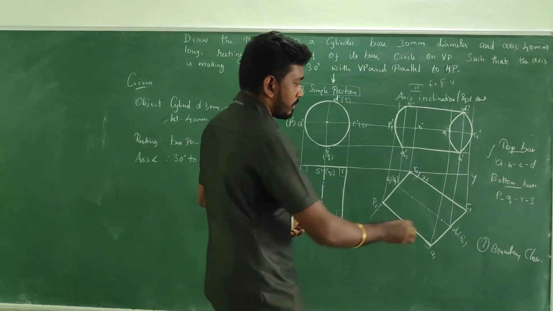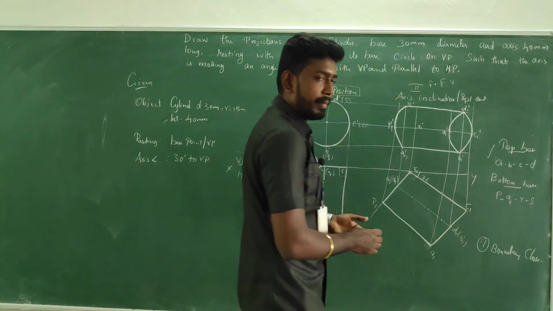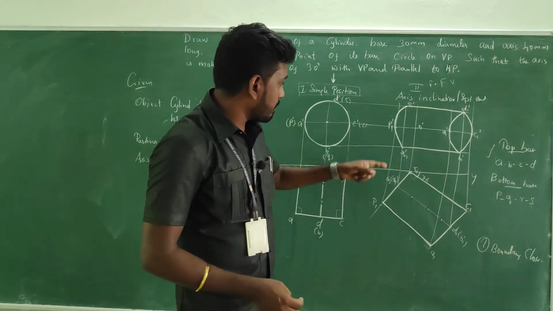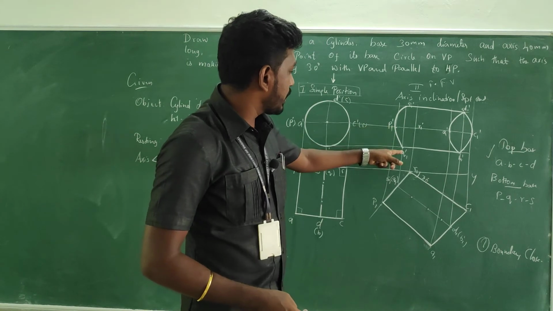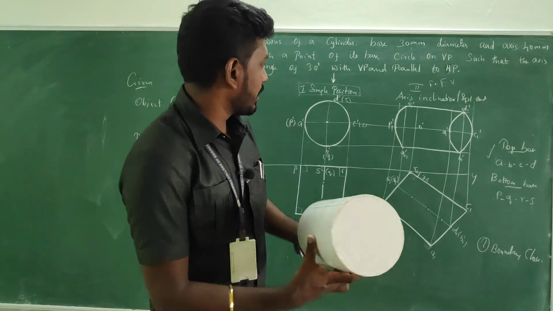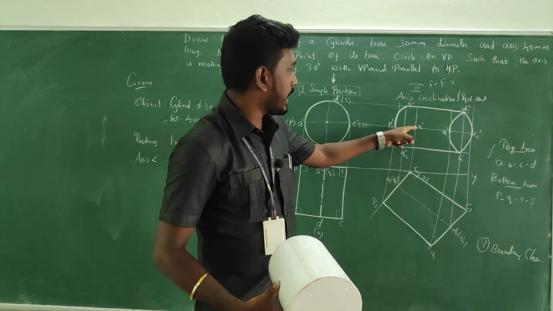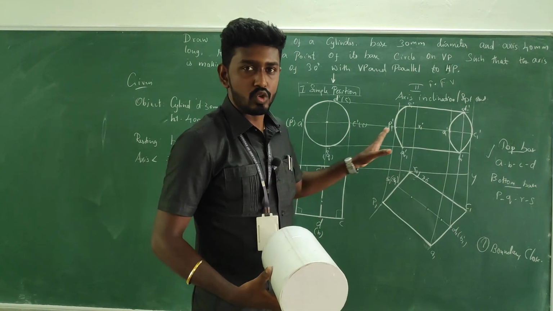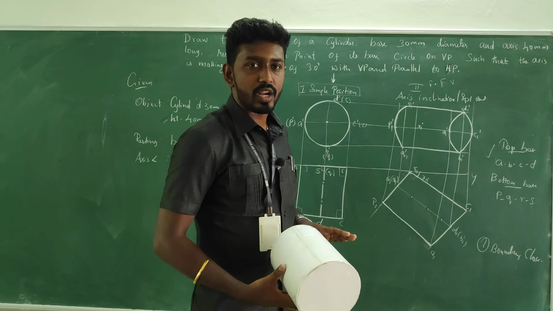Then come to the bottom base. Already in the boundary, P, Q and P, S we have connected. Remaining is Q to R and R to S. These two points we must connect.